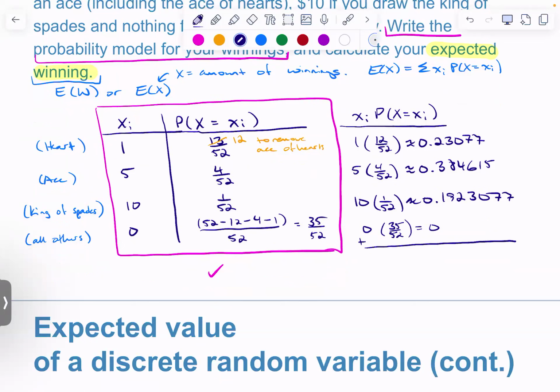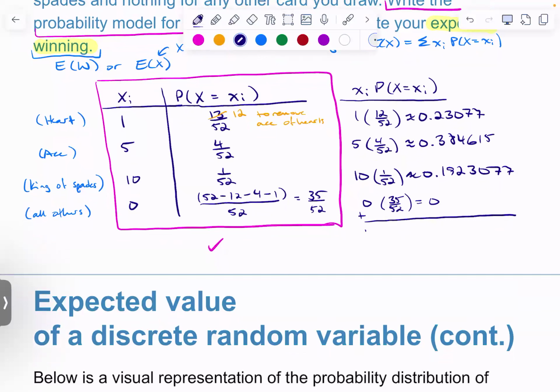I add all these up. 0.23077. I'll do it with my rounded values. 0.384615 plus 0.192307 plus 0.